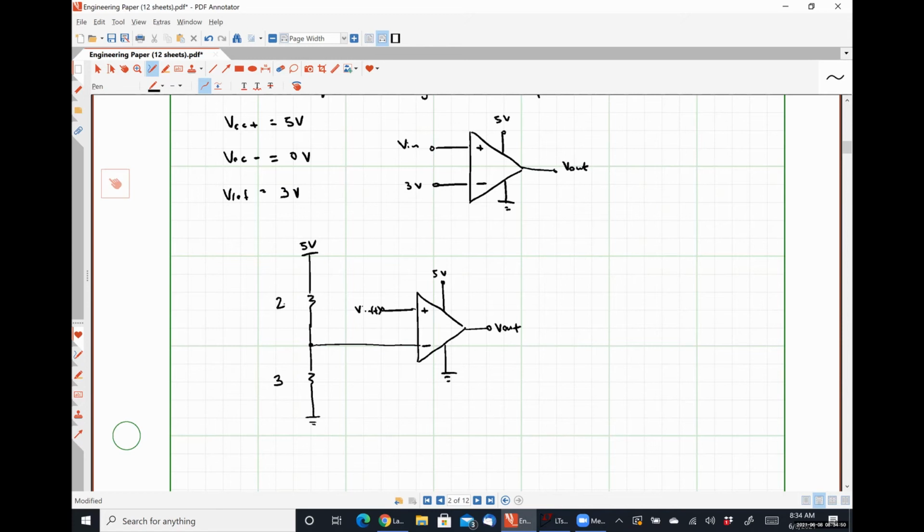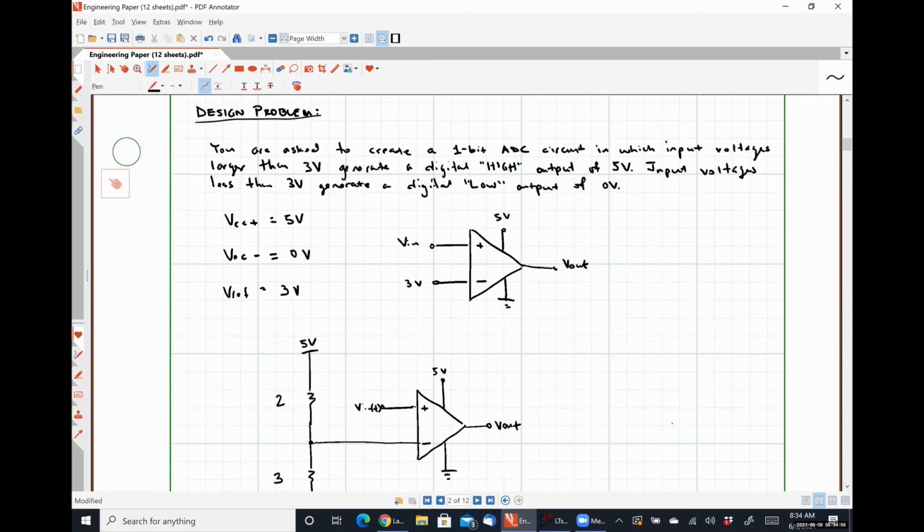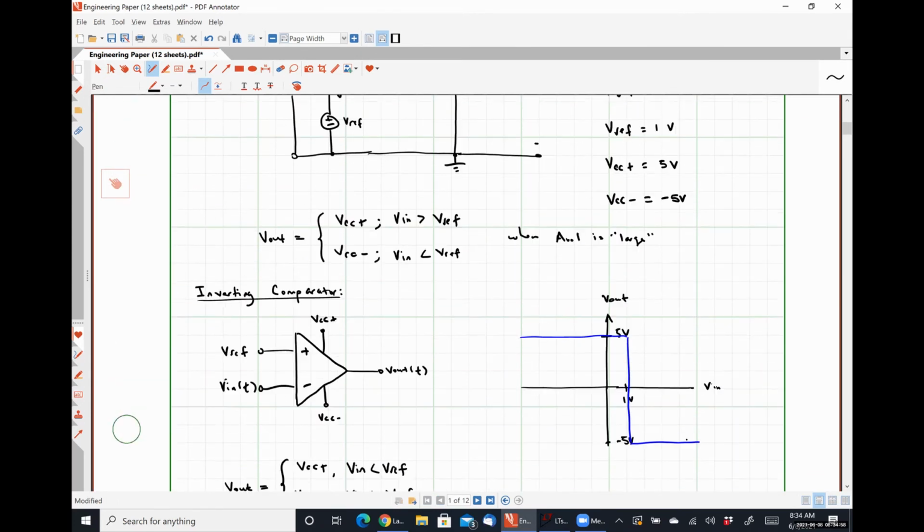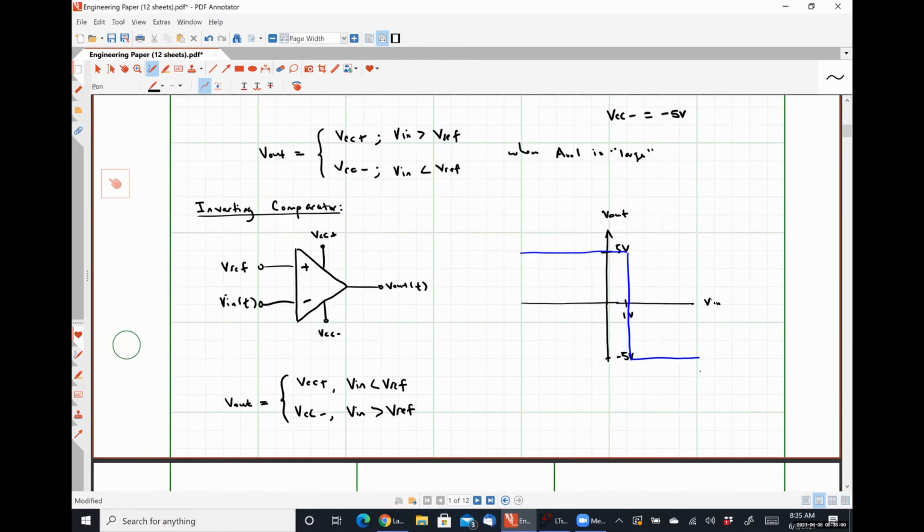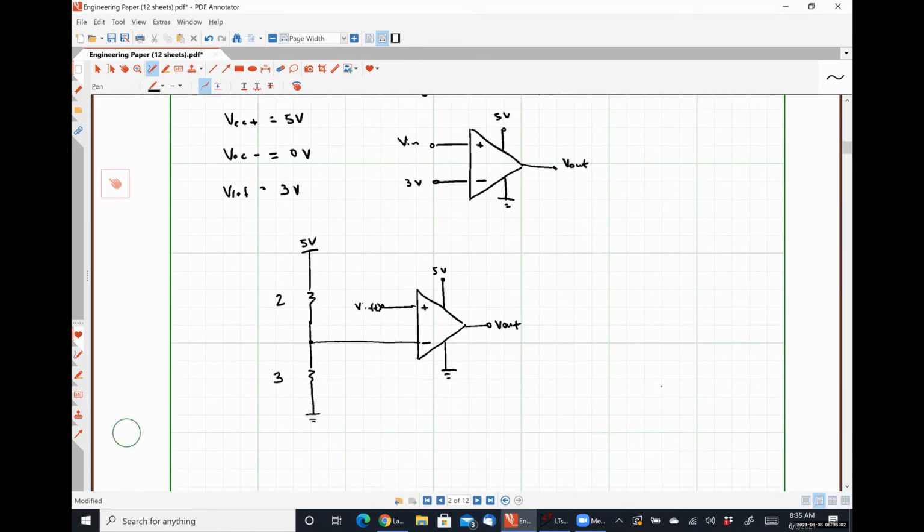For this biasing stage, if we made, let's see, what is my input resistance? What was it? 5 mega ohms. So if we made this 3 mega ohms and 2 mega ohms, that would actually be very bad, okay? And the reason it would be very bad is because the input resistance is on the same scale, right?